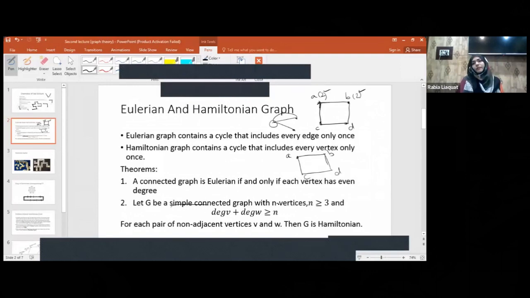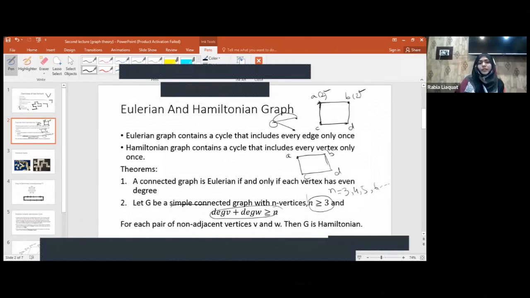The condition is that n should be greater than or equal to 3. For example, n can be 3, 4, maybe 5 vertices, maybe 6, and so on. And degree of V plus degree of W is greater than or equal to n. This is the condition which must be satisfied in a Hamiltonian graph.